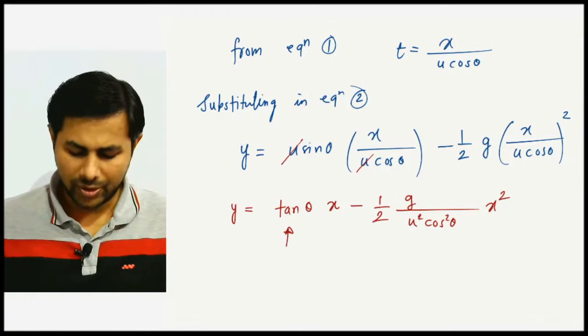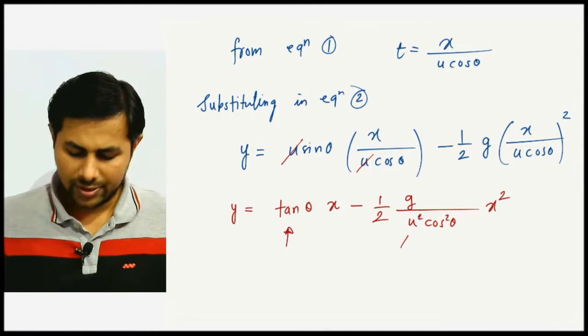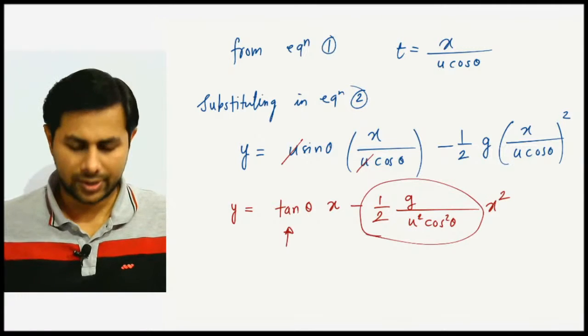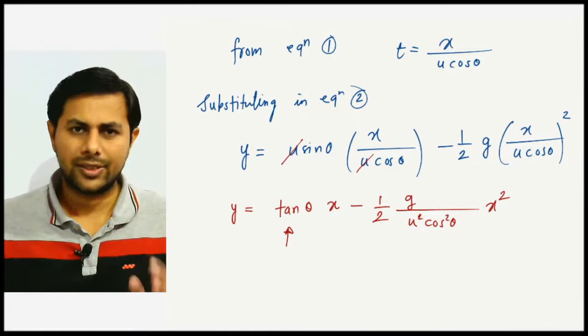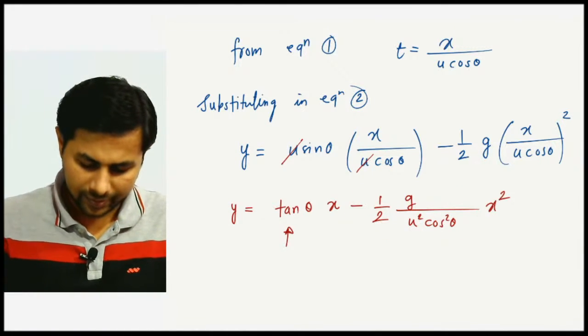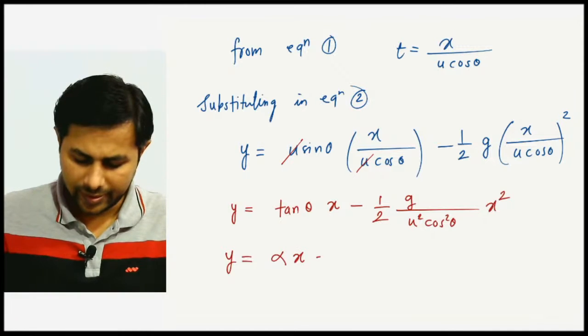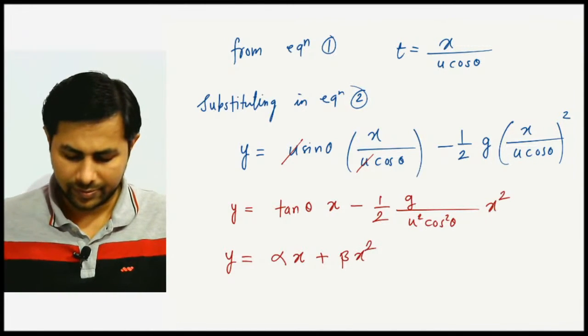And g is constant, the initial velocity is constant, and theta is constant. That's why this is also a constant. So I can say that tan theta is some constant alpha and this is some constant beta, and I can write this equation as y equals alpha times x plus beta times x squared.